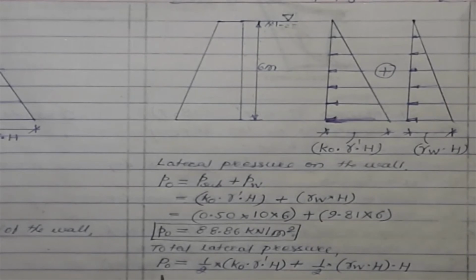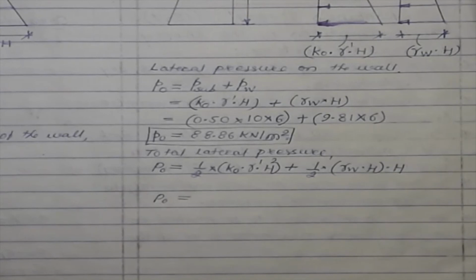The formula would be capital P0 equals half K0 into gamma submerged multiplied by H squared, plus for water, half gamma W into H squared. K0 gamma submerged H we have already calculated above. Similarly, gamma W H is known to us. Substitute the values and get the answer. Let us find it out.